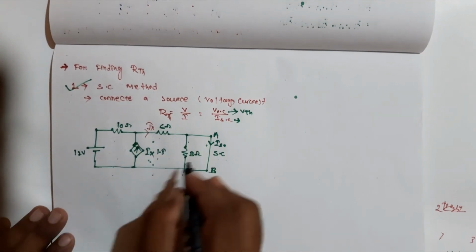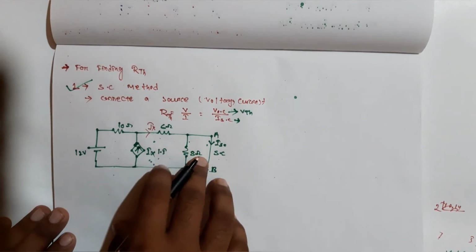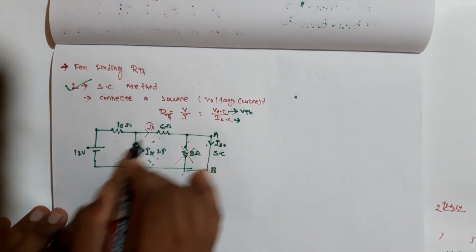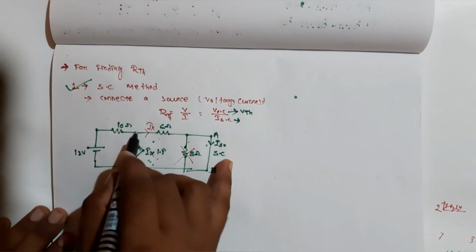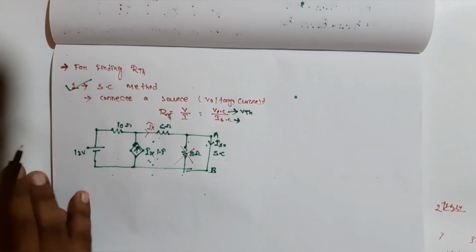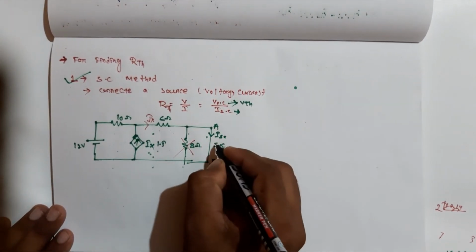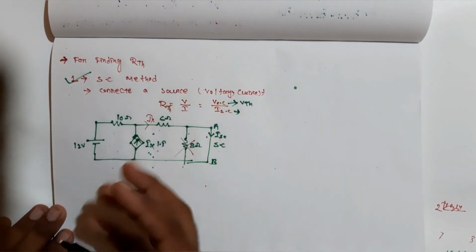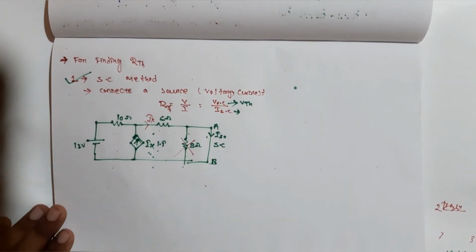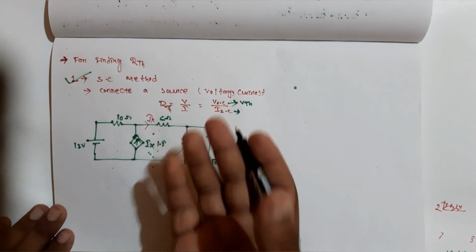We see this 8 ohm can be directly eliminated because it is connected across the short circuit, so it cancels out. We need to find this ISC, which is equal to IX. If we find this ISC, then we put VOC by ISC, so that we find RTH. It is one of the methods, and after that we will study how to deal with it if a source is connected.